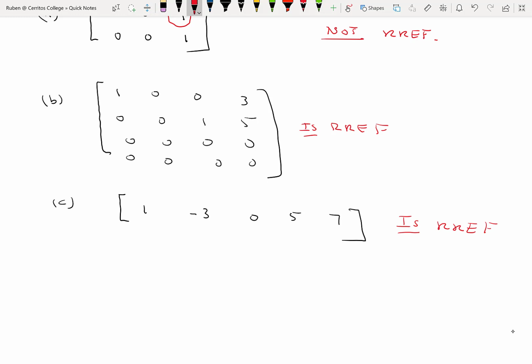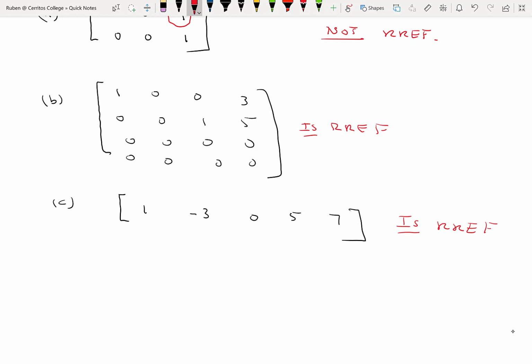Okay, so I think you get the idea of RREF. Let's solve another system using this Gauss-Jordan elimination method by trying to produce the reduced row echelon form. By the way, that is the Gauss-Jordan elimination method.